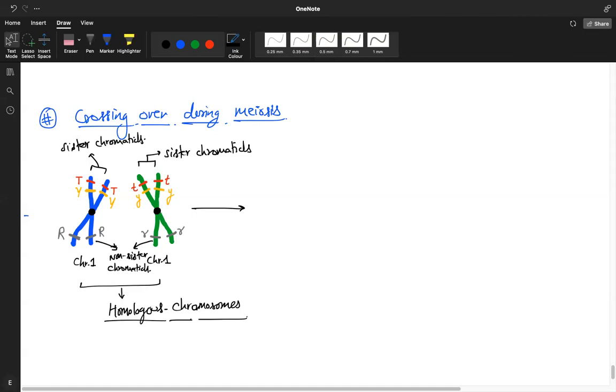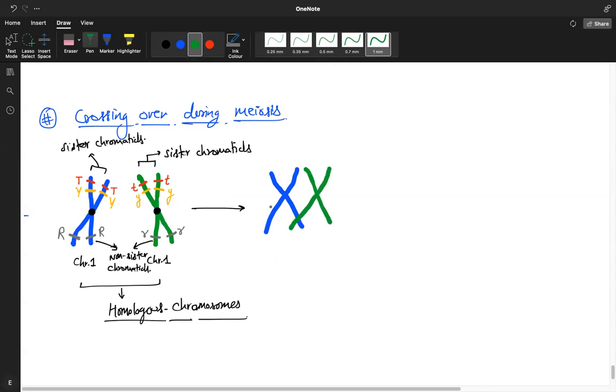During meiosis, what happens is these 2 chromosomes literally come close together. This is our first chromosome, and this is our second chromosome.